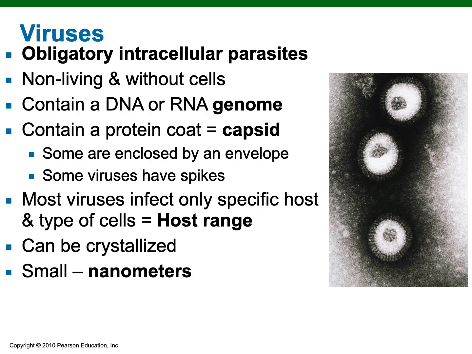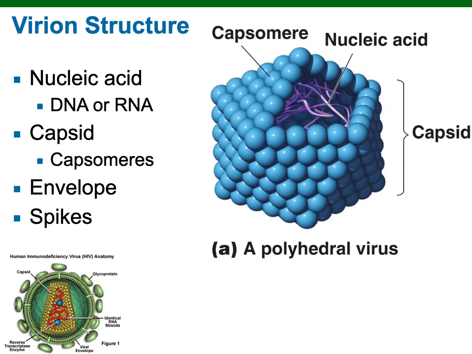So last time we talked about viruses. They're not alive, they're acellular, obligatory intracellular parasites. They have a genome, they have a protein coat, they infect cells, very, very small, unusual. Virus structure includes always a nucleic acid, but it could be DNA or RNA, never both.